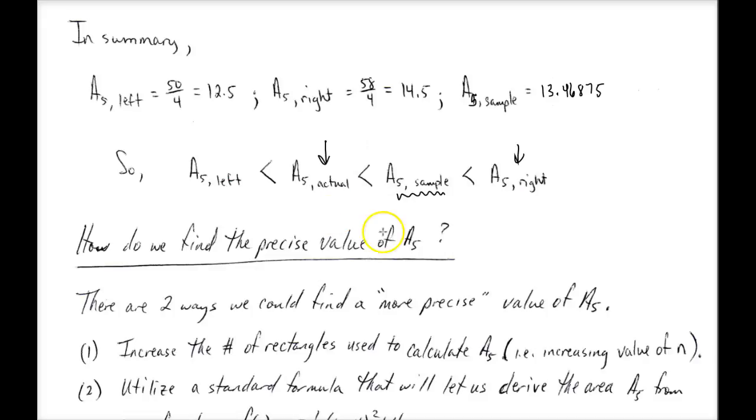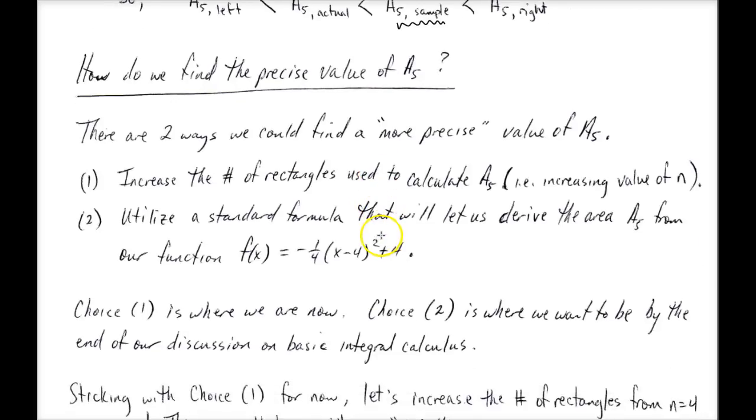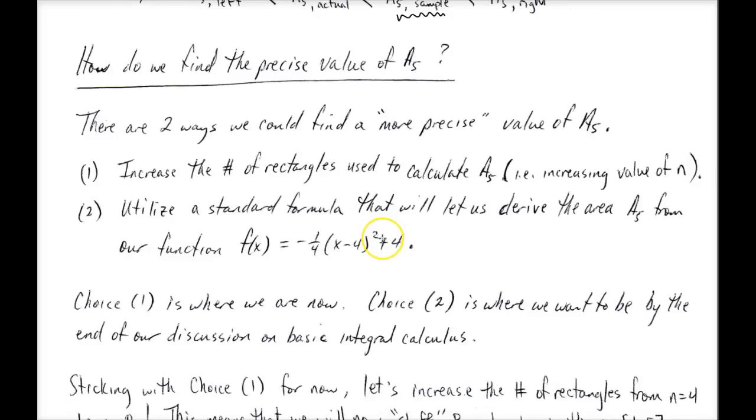Okay, so moving on here. So how do we find the precise value of the area a sub 5, or the area under the curve of that parabola that's opening down from x equals 1 to x equals 5? Okay, we have two ways that we can do that.